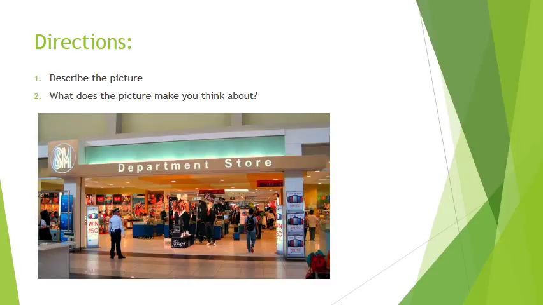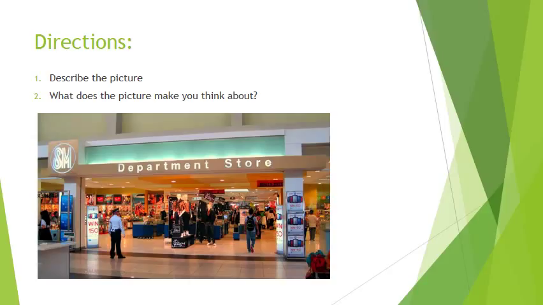Now, part two is when you look at this picture, what does it make you think about? When I look at this picture, it makes me think about a trip that I took in the Philippines, because the SM Malls are department stores in the Philippine malls.